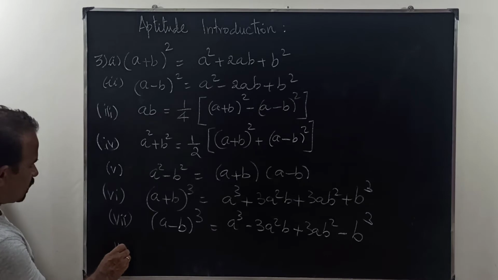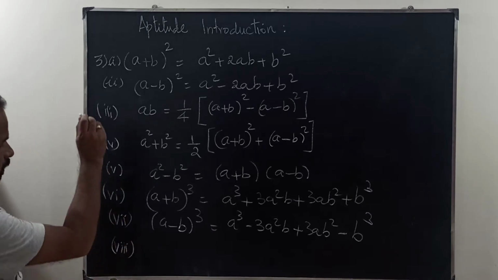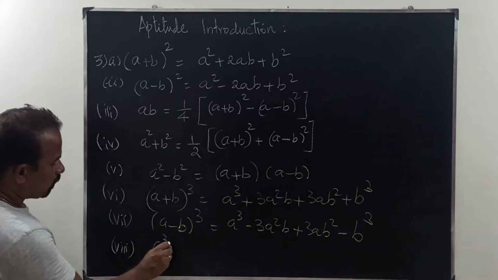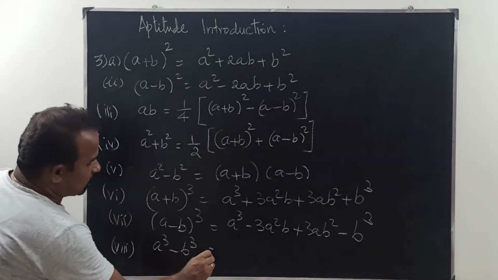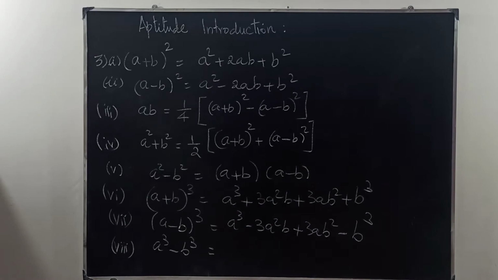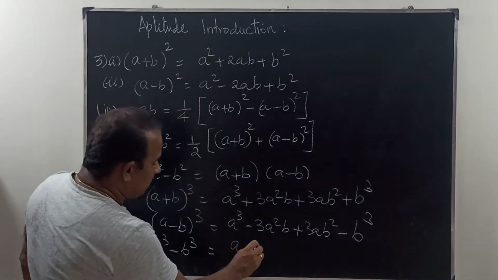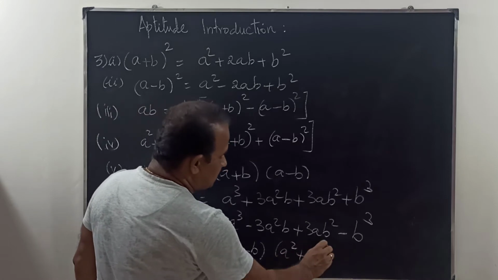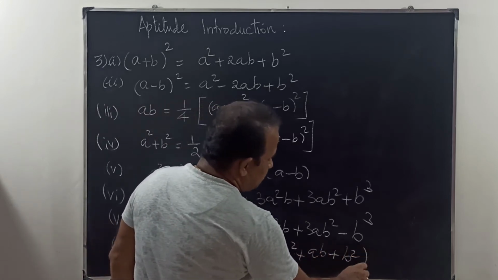Number 8 is a cube minus b cube is equal to (a minus b) into (a square plus ab plus b square).